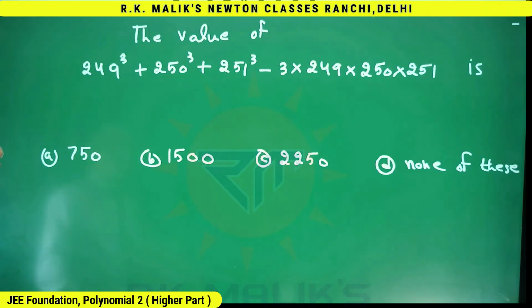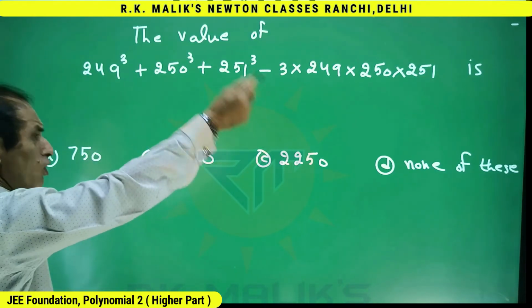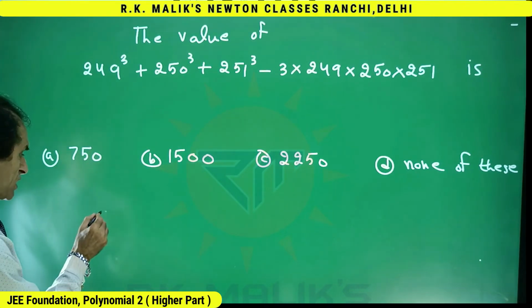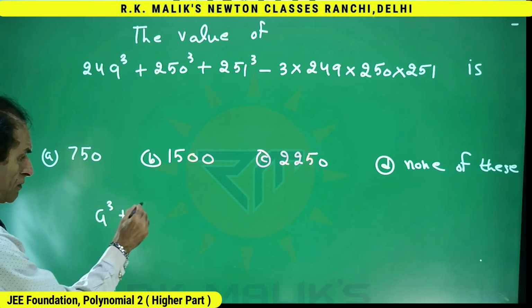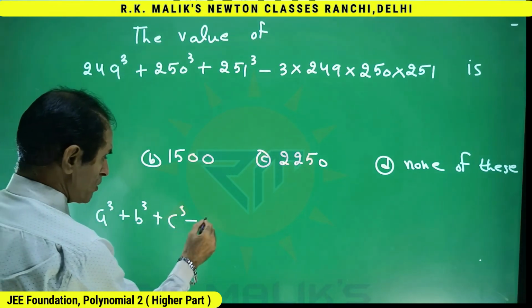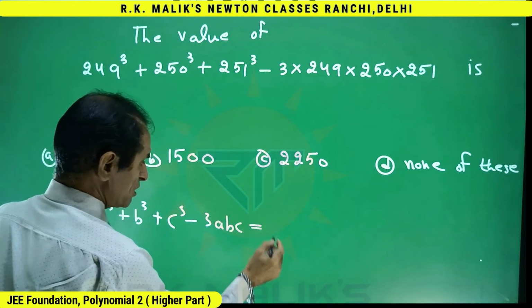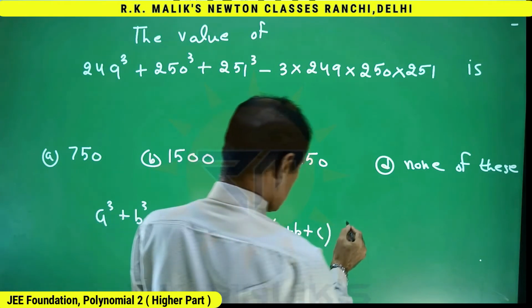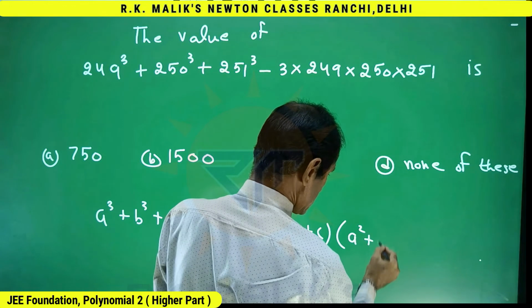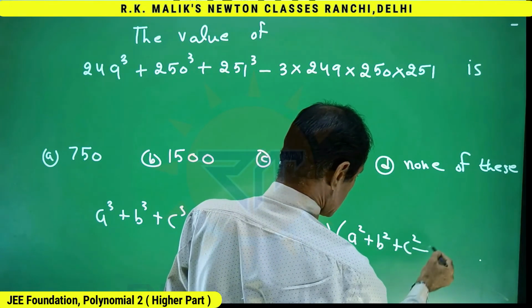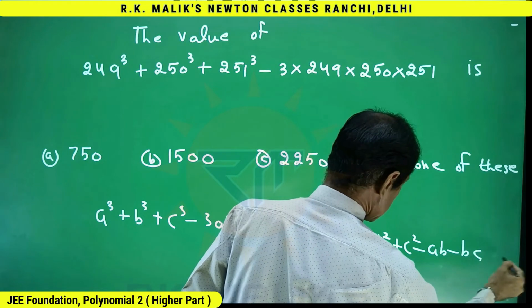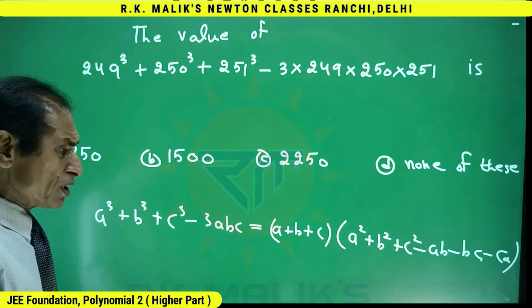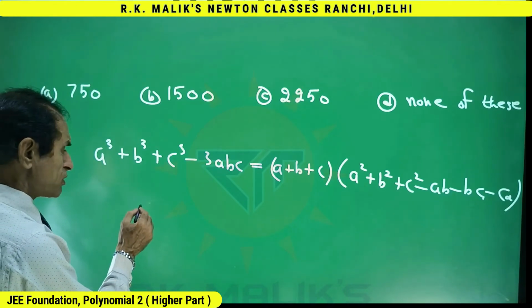In this question it is told to us to find the value of this. You have to find the correct choice. Note that you must be knowing that a cube plus b cube plus c cube minus 3abc is always equal to a plus b plus c into a square plus b square plus c square minus ab minus bc minus ca. This formula you must be knowing, and further you must be knowing this thing also.